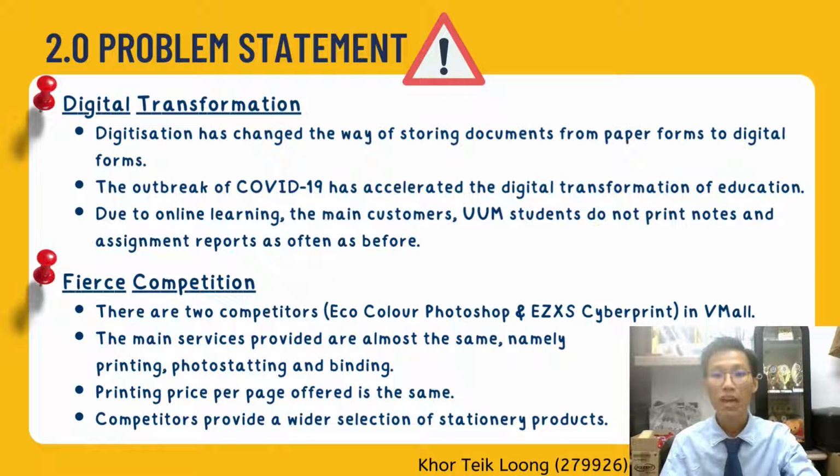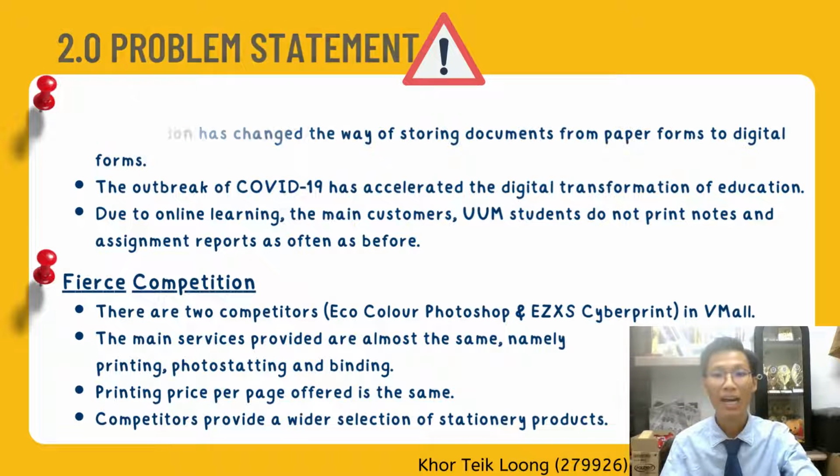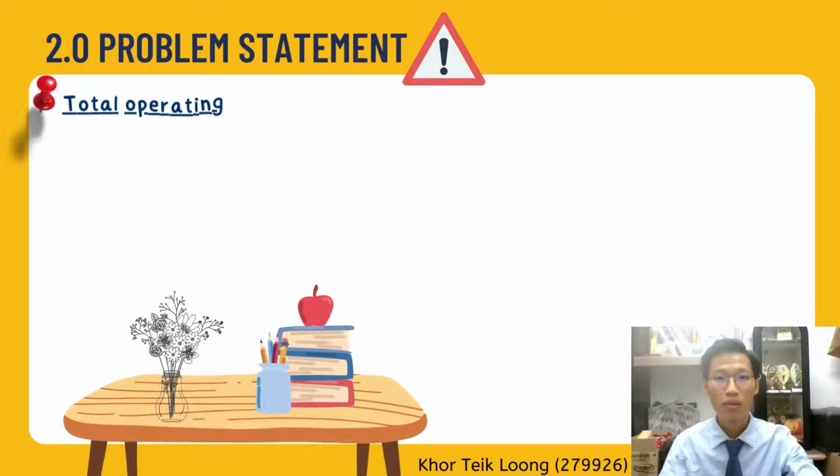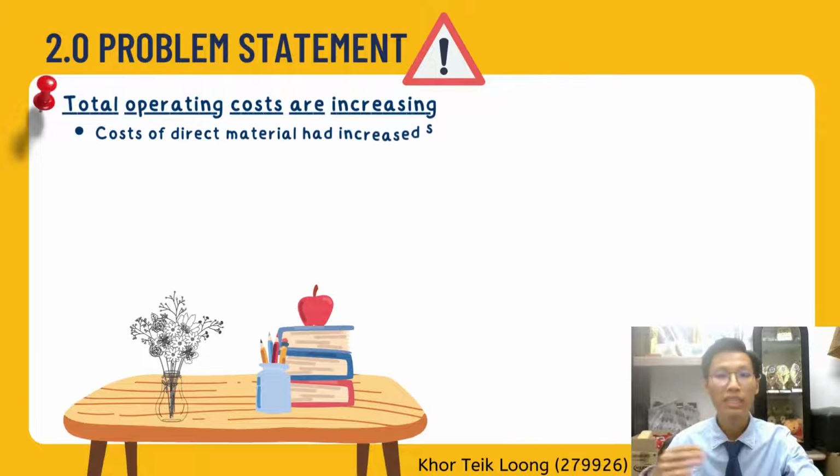Based on the investigation, the printing price per page offered by these shops is the same. Besides that, the competitors provide a wider selection of stationery products. Due to the similar products and services provided in the same location, the level of the competition faced by Varsity Print is very high.